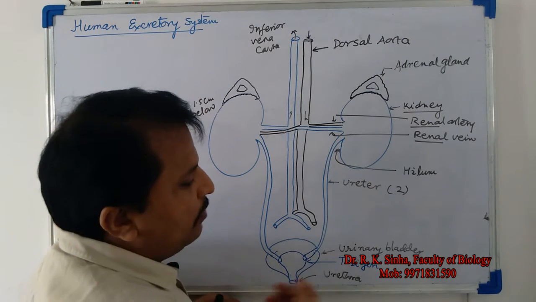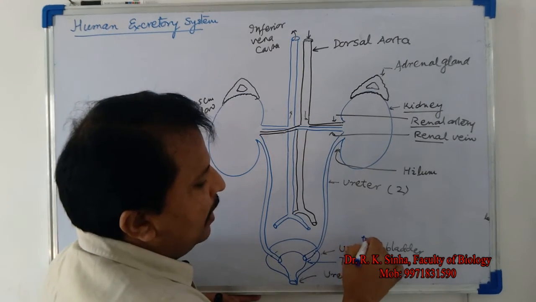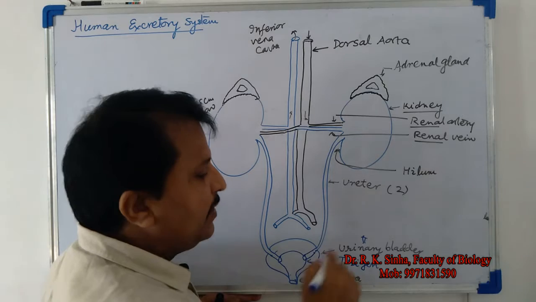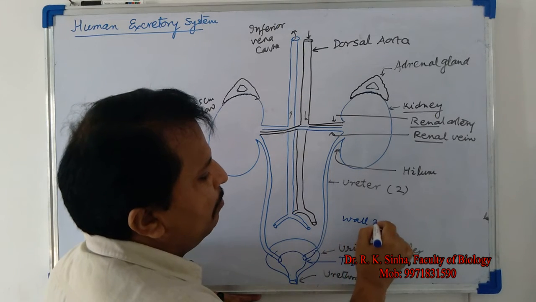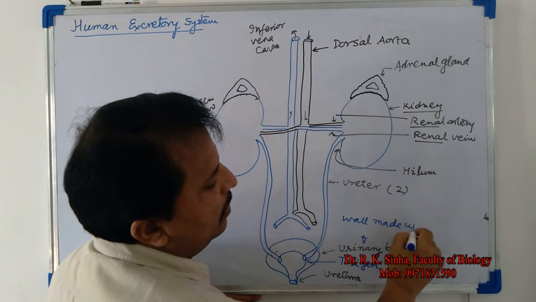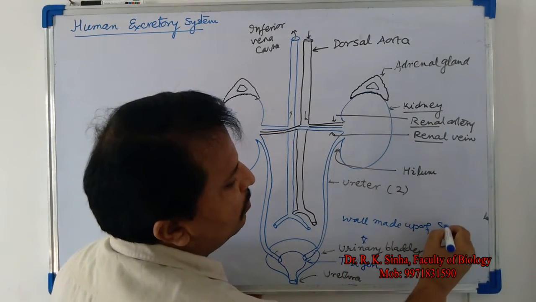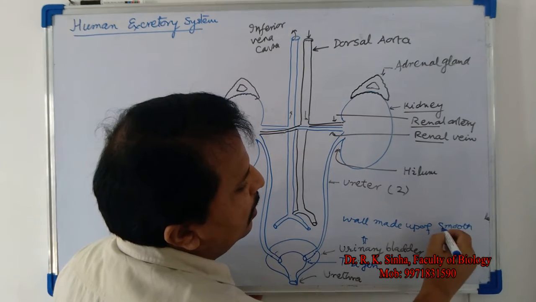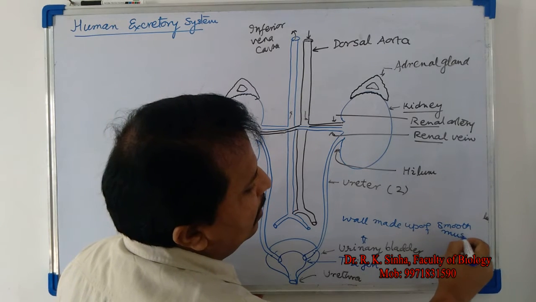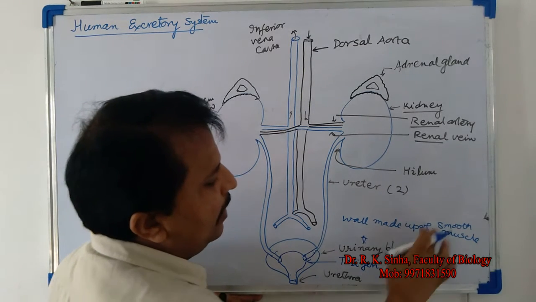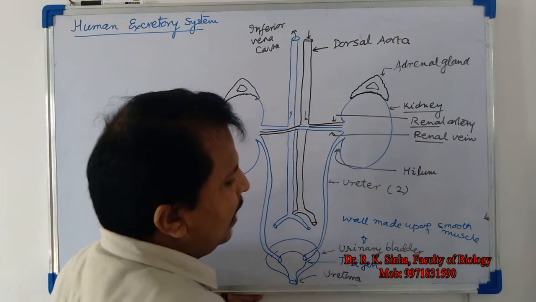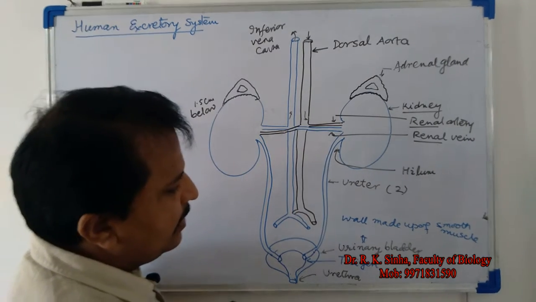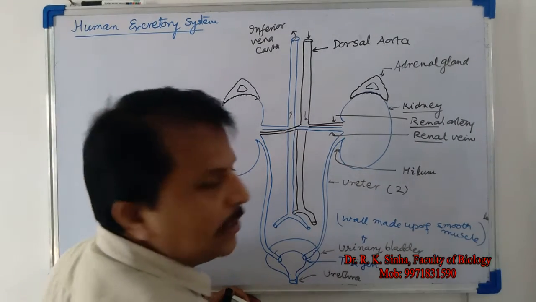The wall of the urinary bladder is made up of the detrusor muscle, a smooth muscle, and there are many receptor sites present over it.